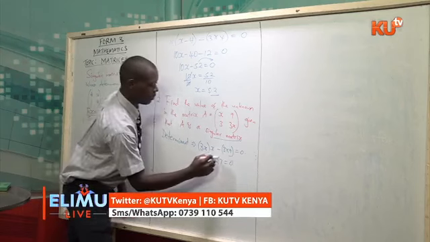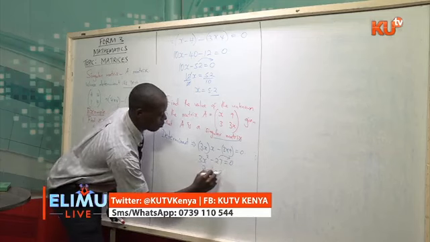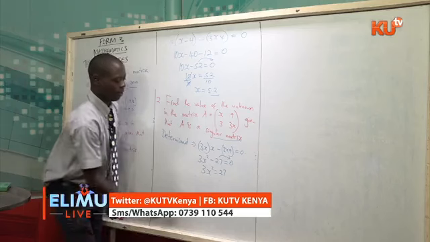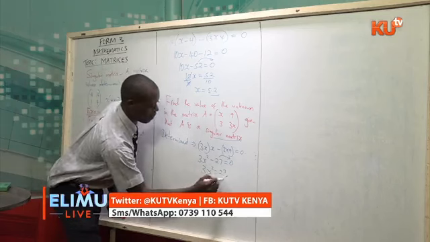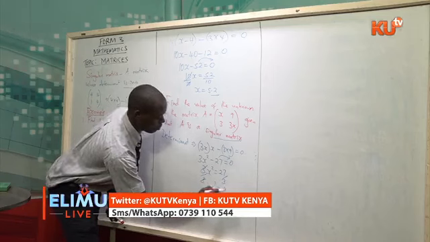We take negative 27 to the right side, so 3x squared is equal to 27. Then we divide by 3 on both sides. This cancels out, and x squared is equal to 9.